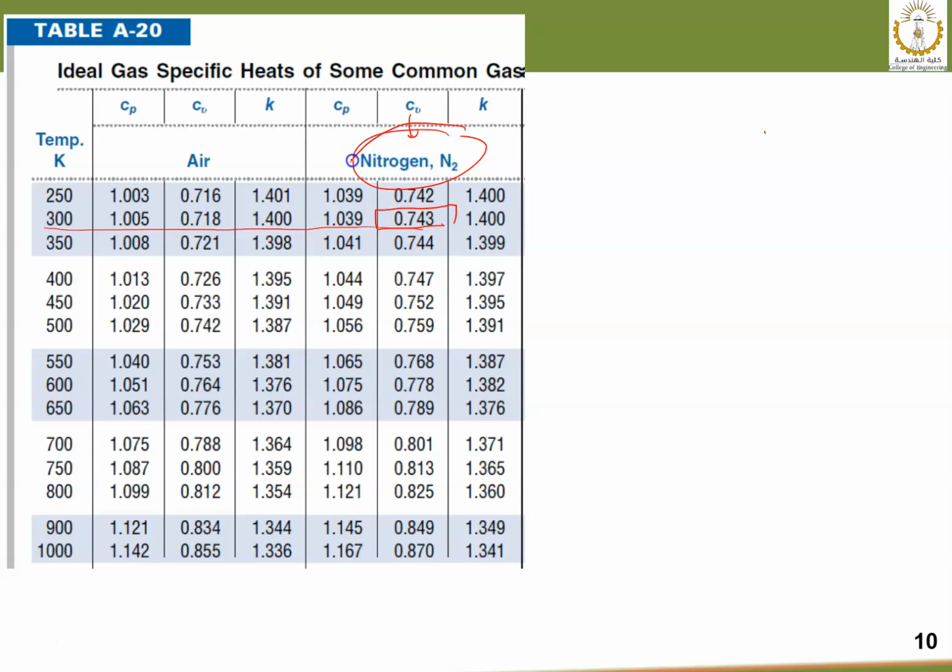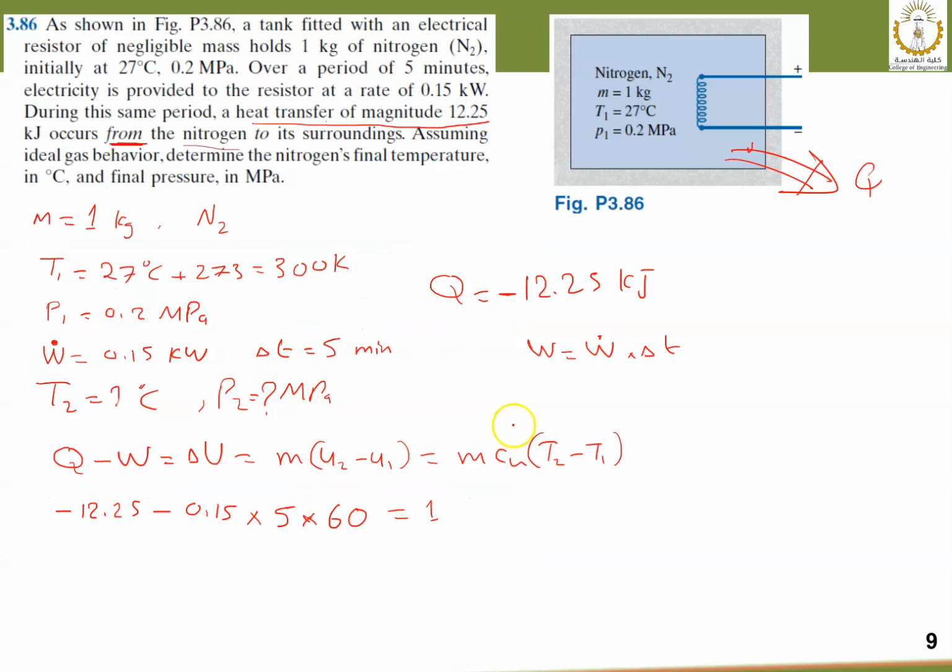First, use the table of the gas that you are looking for. Here we are dealing with the nitrogen, and then we need Cv, not Cp. So we use this value, 0.743, times (T2, which we don't know, minus 300).